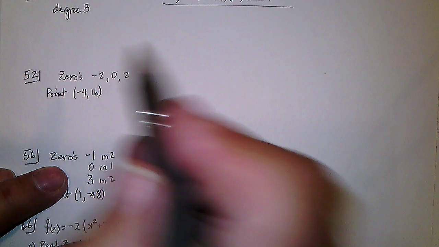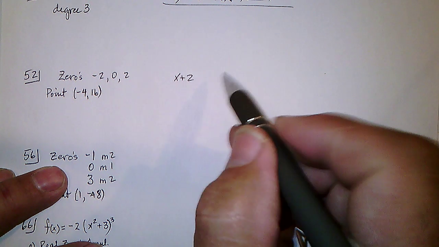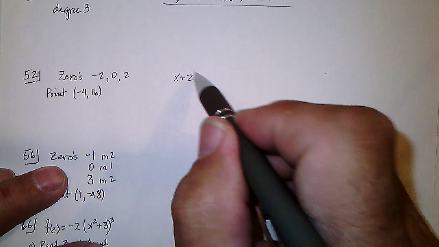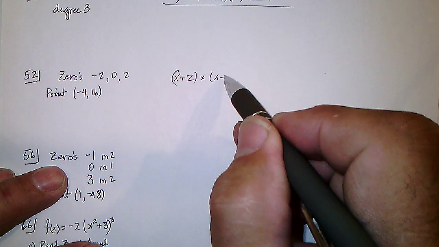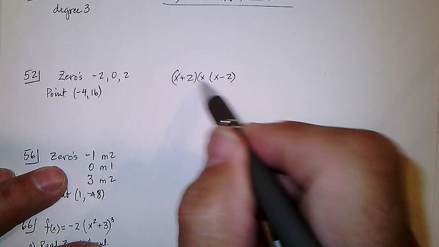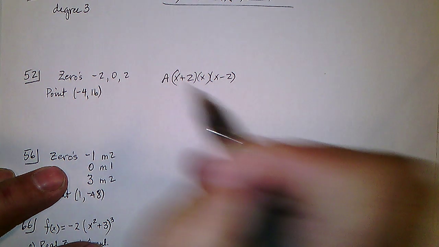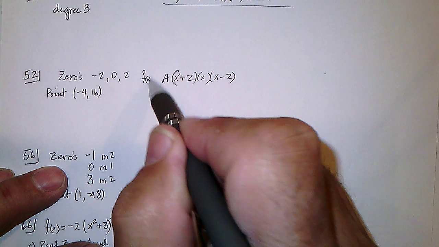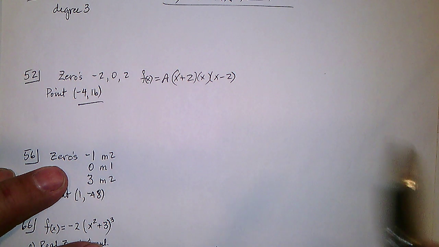So if 52 had these zeros, it would be x plus 2, x, and x minus 2, these 3 factors with those zeros, and so some number would be the function. But since they give us the point, we should be able to figure out the number.